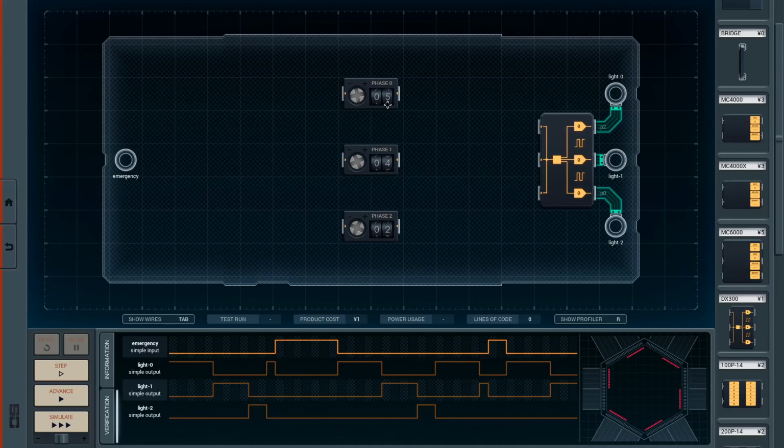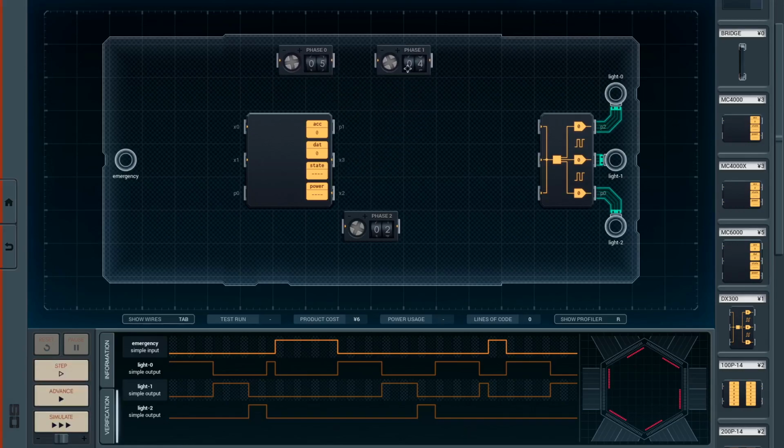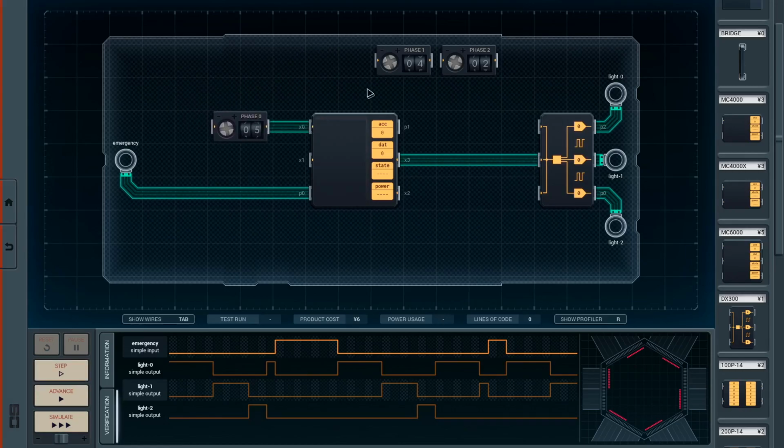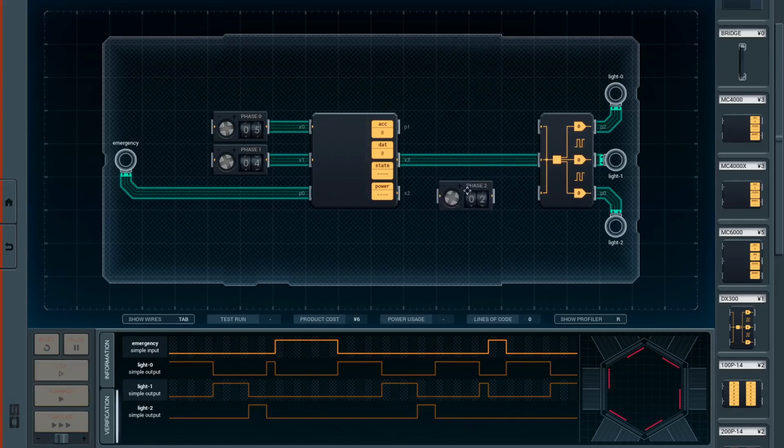So... I still don't really have an overall idea of what I'm going to do here. I do note that an MC6000 has just enough inputs plus 1 to get all this done. Yeah, sure, that can be X3. Alright, so X0 is the 0, X1's the 1, X2 is the 2.